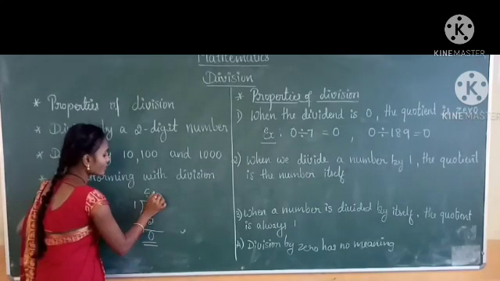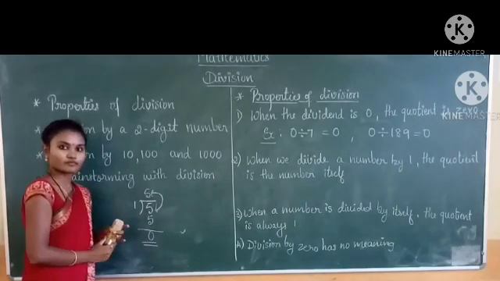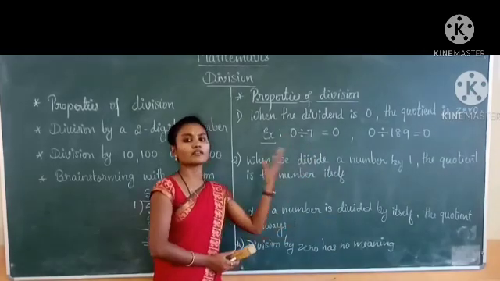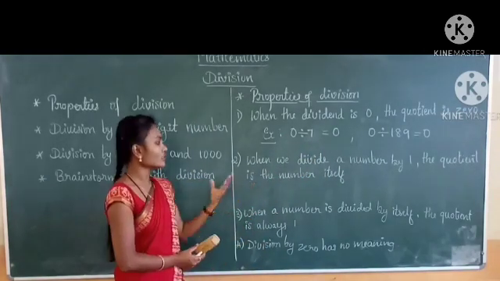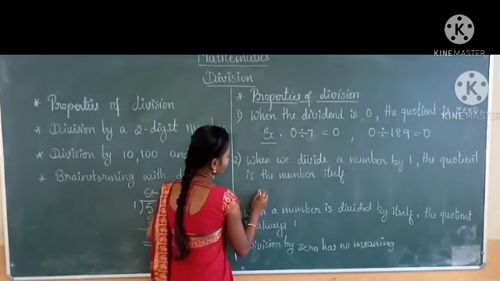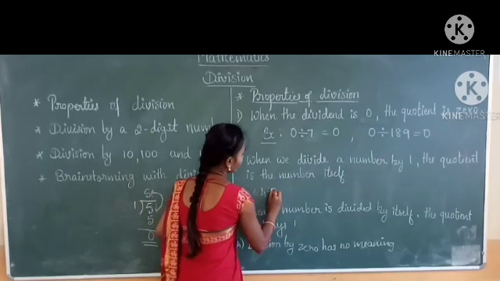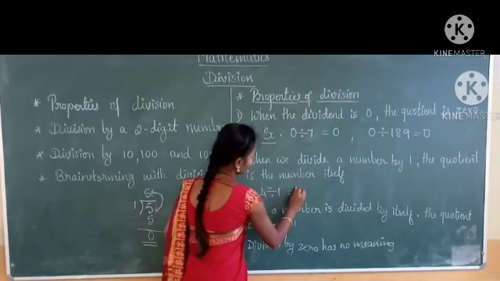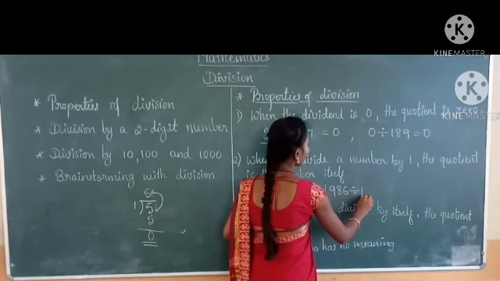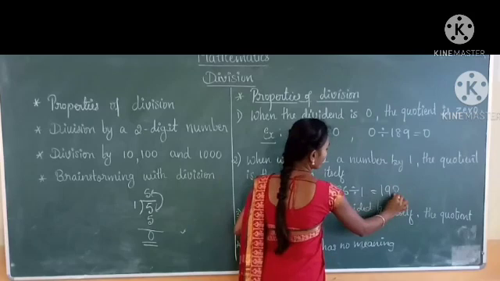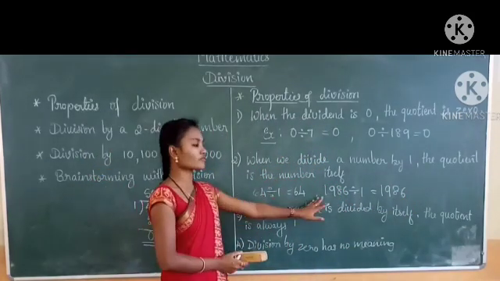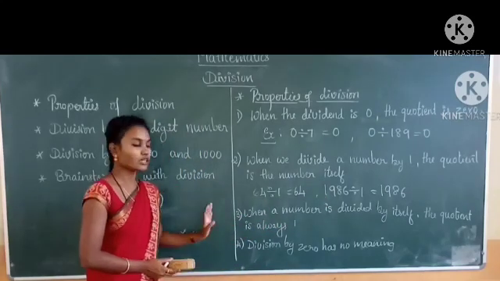So here we have got the dividend itself. Therefore, when we divide any number by 1, the quotient is the number itself. For example, 64 divided by 1. The answer will be 64 itself. 1986 divided by 1. The answer will be 1986 itself.